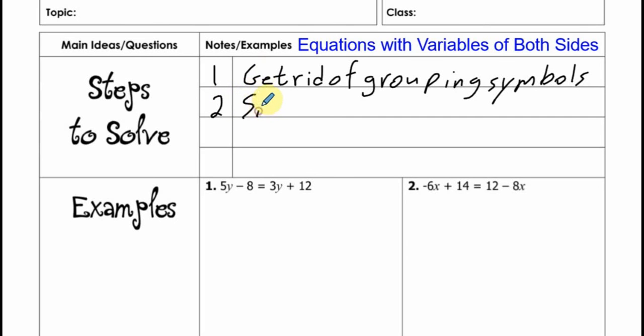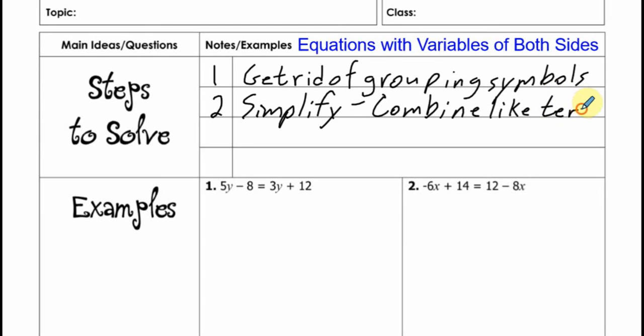So simplify, which means combine like terms. Now, step 3 is our new step. Step 4, same thing. Solve, get x by itself.